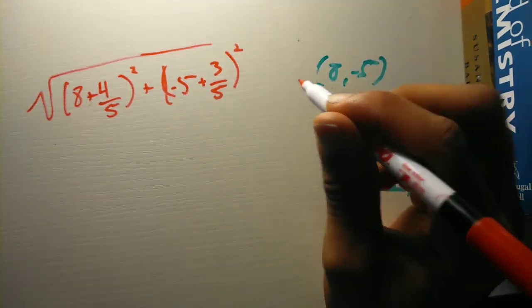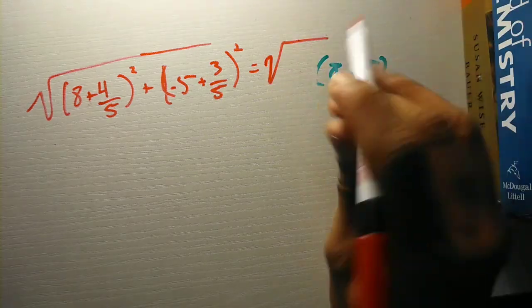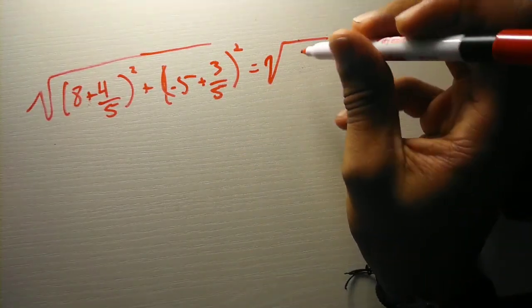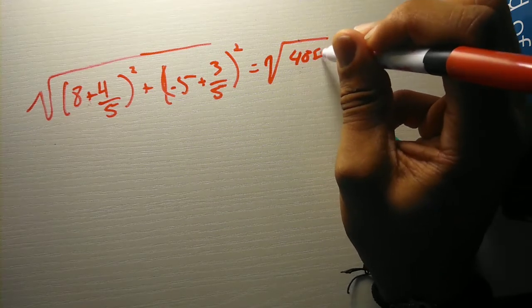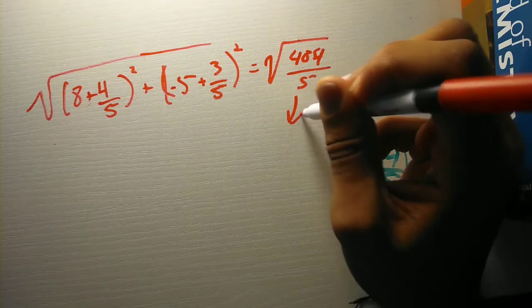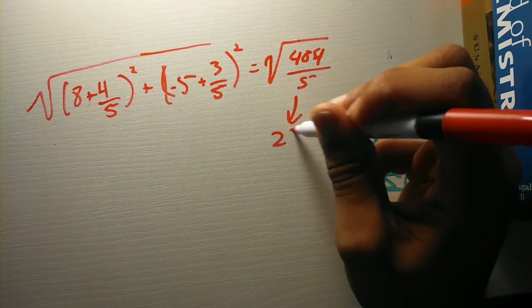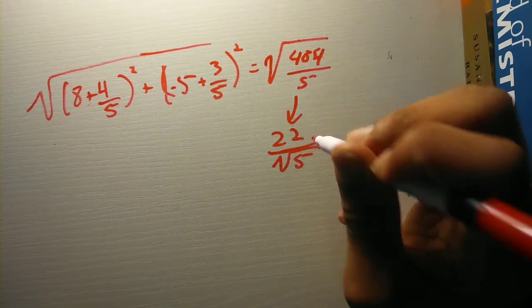When we do some simplifying, we would end up getting a big number, the square root of 484 over 5. And we simplify it again, we would get 22 over the square root of 5.